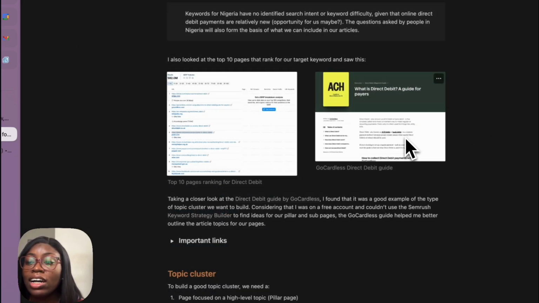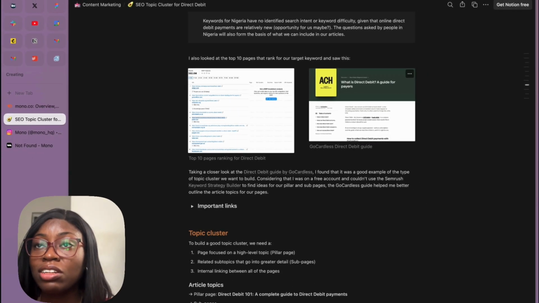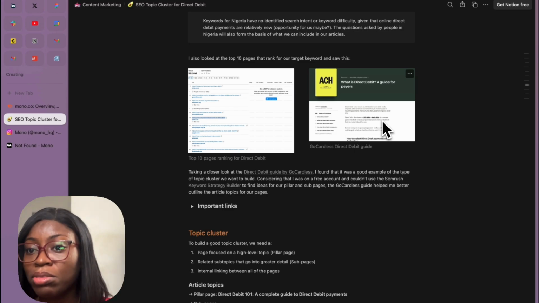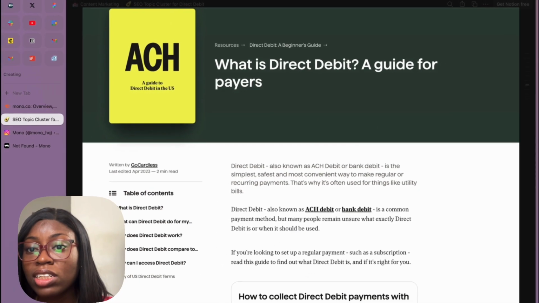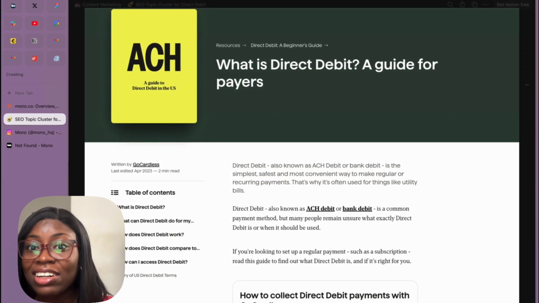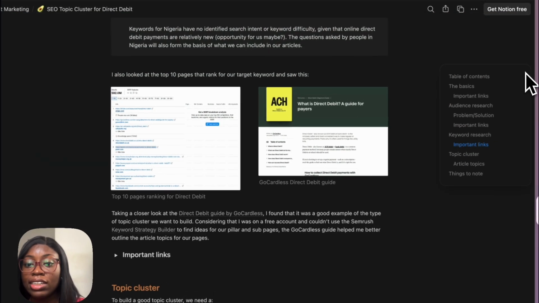Doing my research, I also found out that GoCardless already has a topic cluster on direct debits, so it was really helpful to look through that, and they are ranking at the top of search results for direct debits.